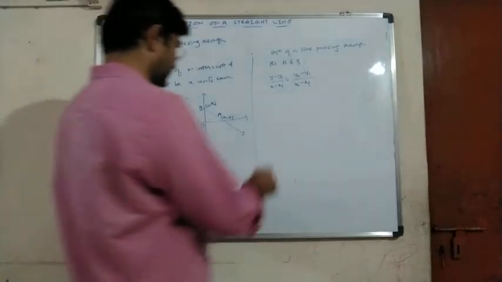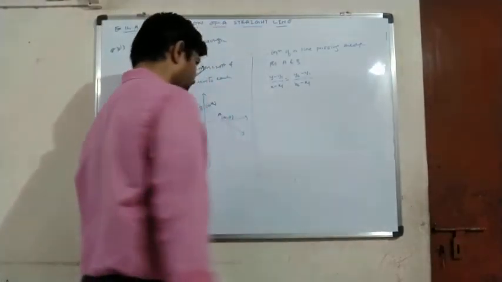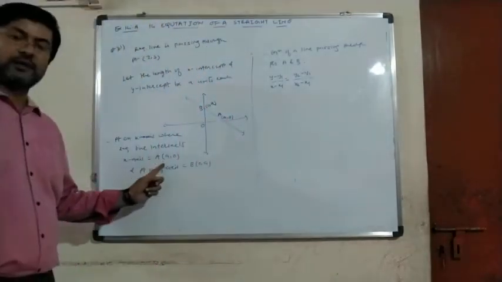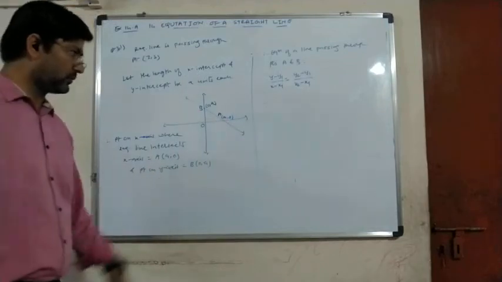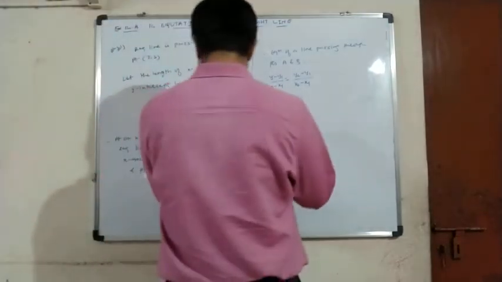Yes or no? Now let us put the values. Obviously the coordinates of A we take to be (x1, y1) and the coordinates of B to be (x2, y2).